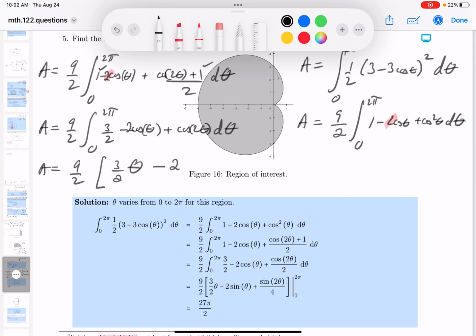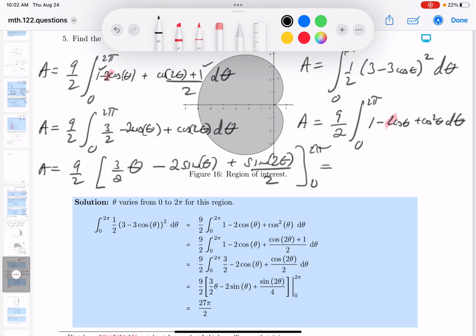And what differentiates to a cosine? Sine, right? And then, let's see, what differentiates to cosine? That's going to be sine again. But when I differentiate, I get a 2, so I got to get rid of that, put a 2 on the bottom. And limits of integration are going to go from 0 to 2 pi.